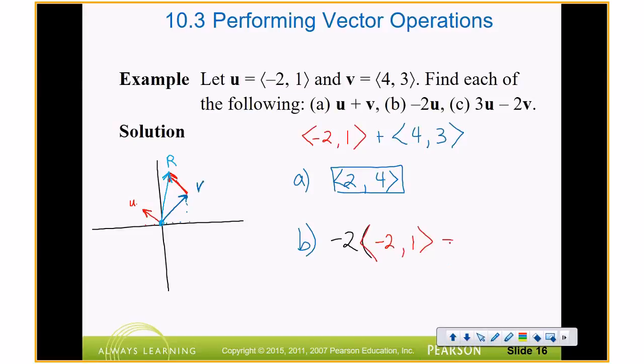And that's going to give you what? -2 times -2 is what? 4. And -2 times 1 is? -2. And then you try the third one. Try C.